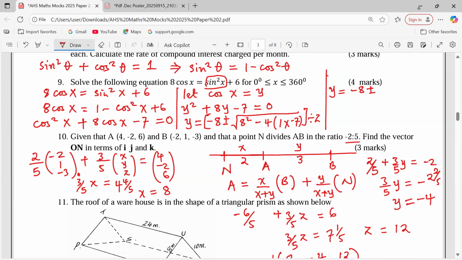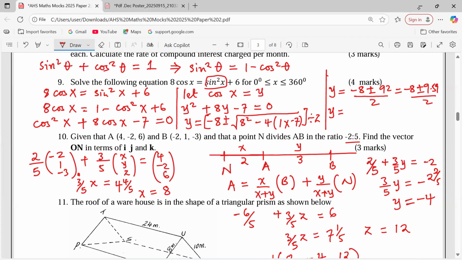This becomes 92 out of 2. Negative 8 plus or minus the square root of 92 shall be 9.59 out of 2.